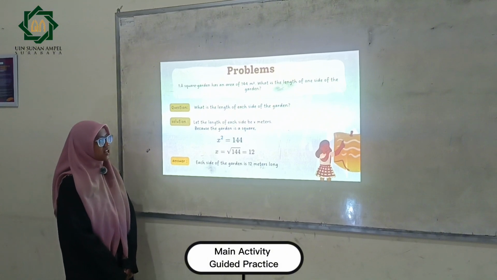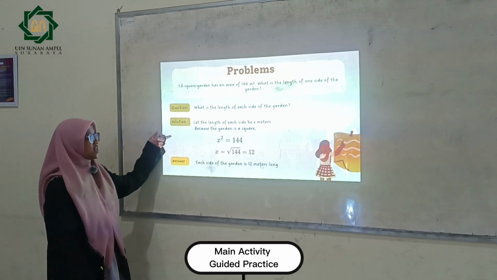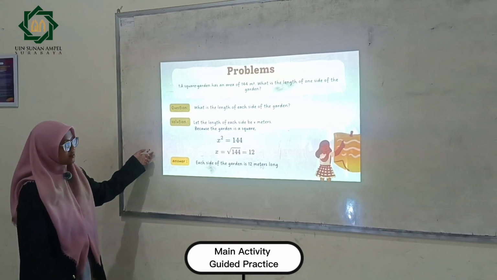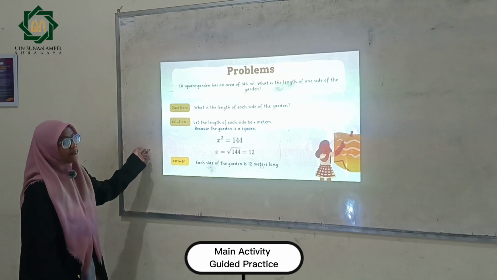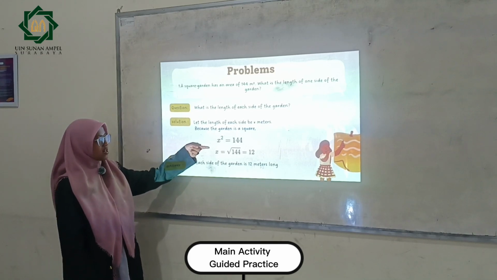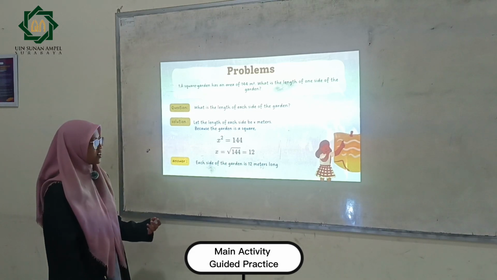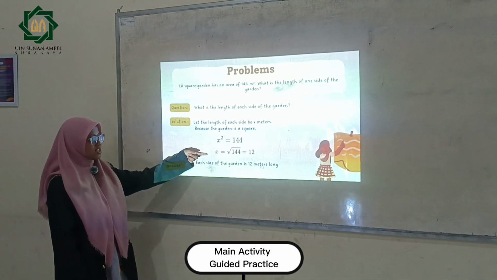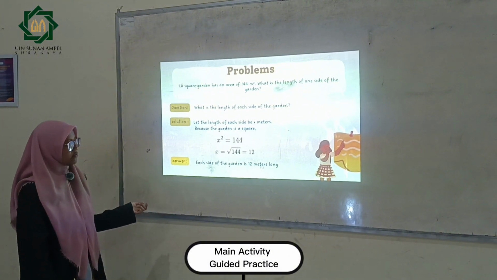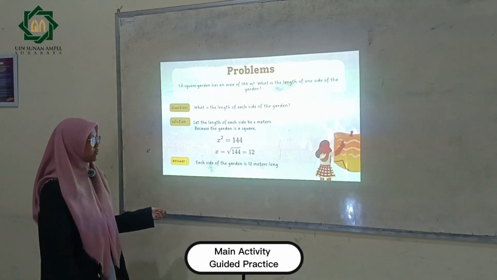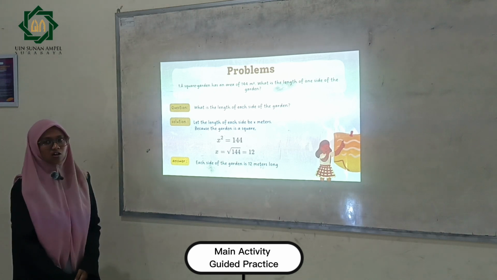Solution: the length of each side is x meters because the garden is a square. x squared equals 144. x equals the square root of 144 equals 12. Each side of the garden is 12 meters long.